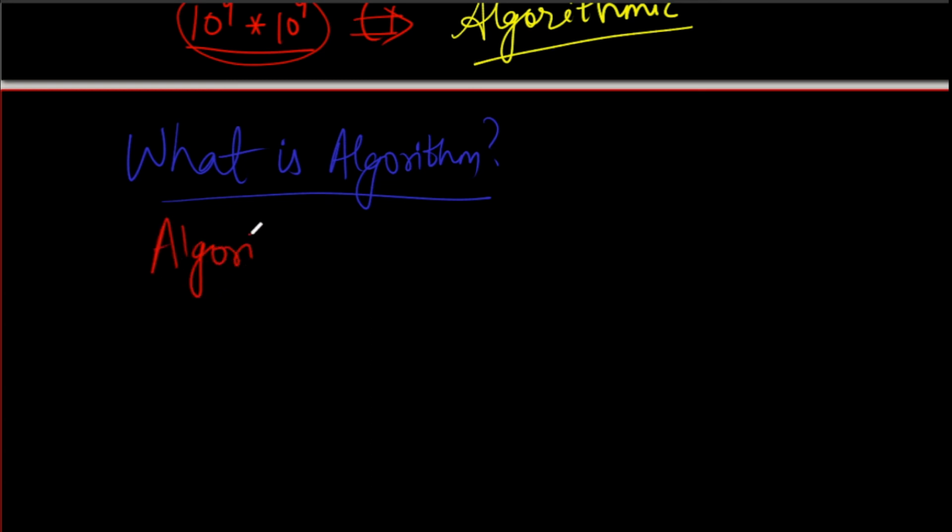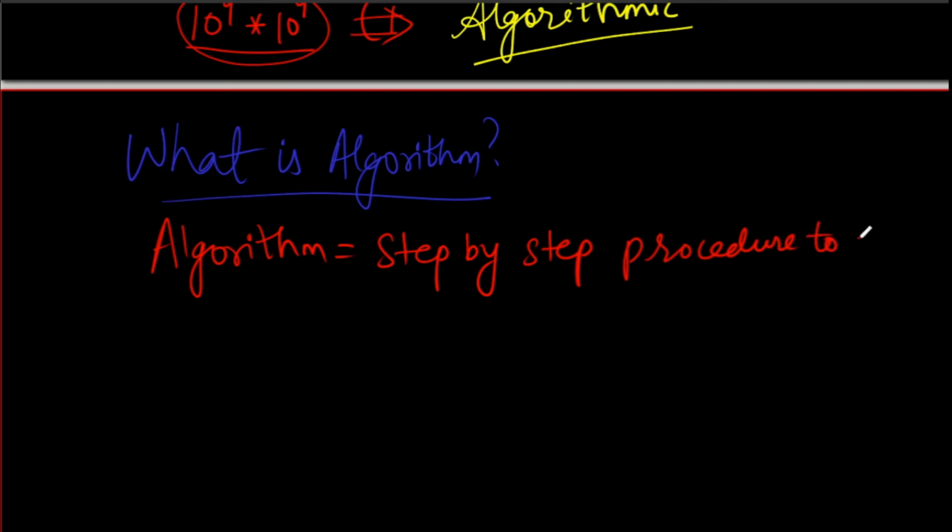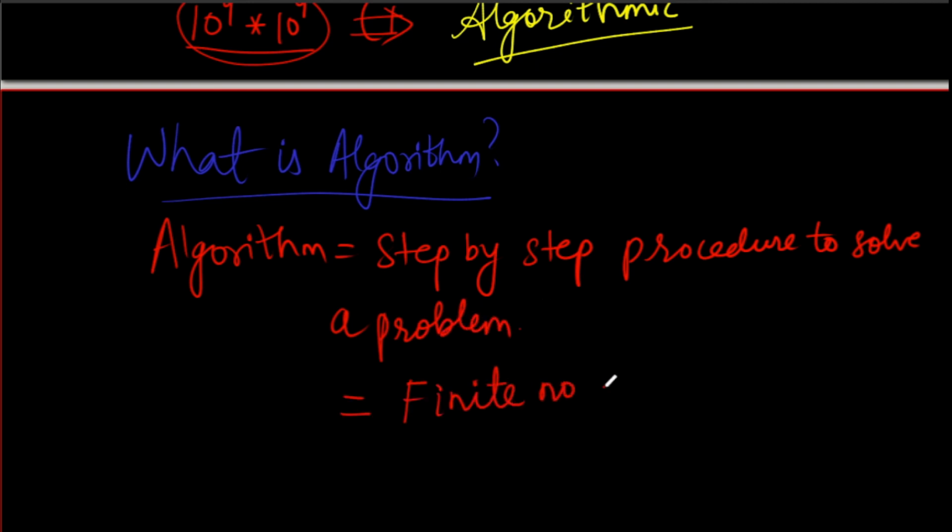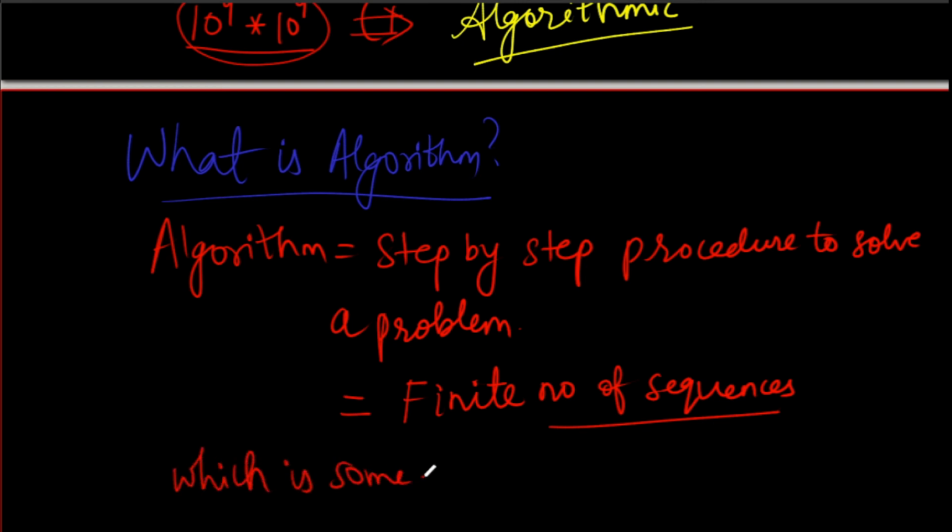Algorithm basically is a step by step procedure to solve a problem, a finite number of sequences applied on some input in order to obtain the solution.